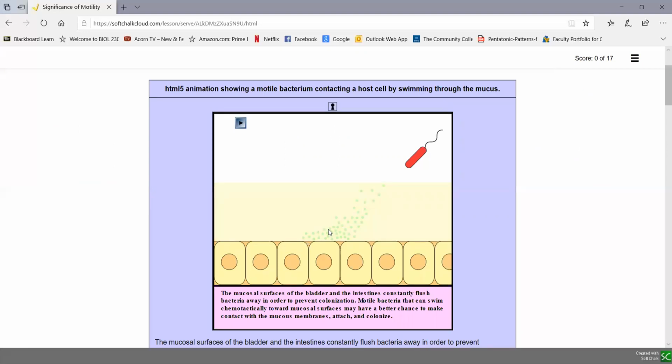And as they diffuse away, we get a gradient where we have increasing attractant as we go down towards the mucous membrane. So the bacterium can use its motility to swim through the mucus towards increasing concentration of attractant till it makes contact with the epithelial cells of the mucous membranes.